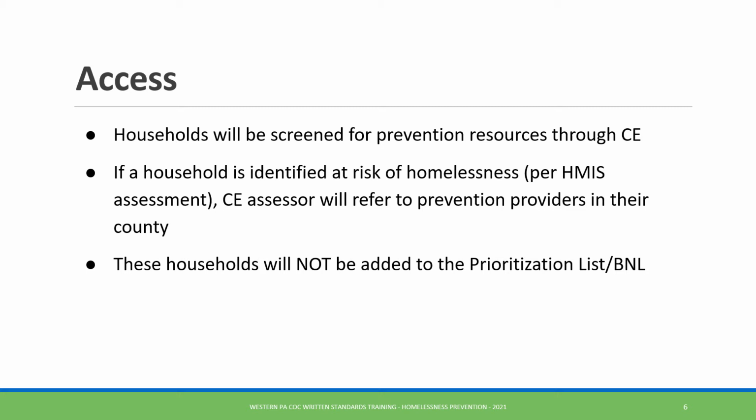Now, there may be more than one prevention provider in the county, such as ESG, someone funded by PHFA, SSVF. In these cases, the CE assessor should refer the participant to all prevention resources for which they are eligible.